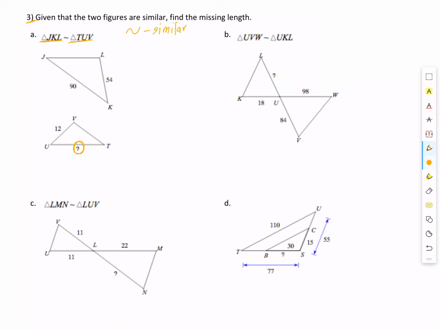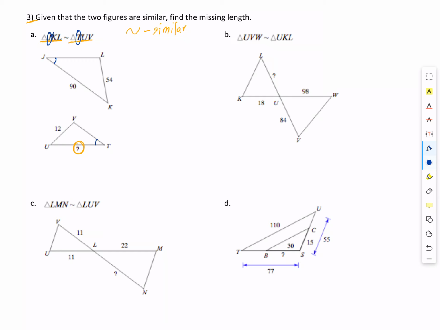So another thing with similarity is how it's written also gives us a very good understanding of what is similar. So here if we look at triangle JKL, and it has the squiggly similar to the triangle TUV. So the way this is written, it means that angle J, so this angle here, is similar to angle T. So those two are similar.